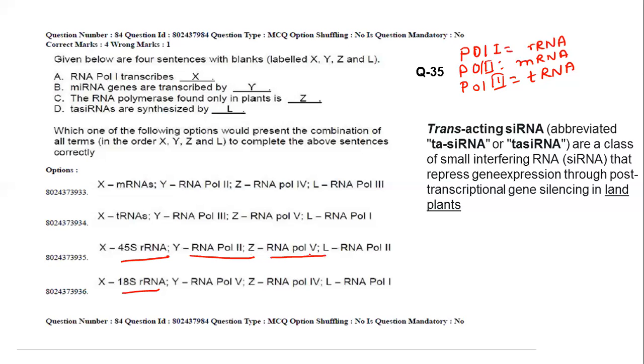Pol 4 is also present, but both pol 4 and pol 5 are in plants. Here, RNA pol 2 is the one that transcribes miRNA. And tasiRNA, what is tasiRNA? TasiRNA is trans-acting siRNA, a class of small interfering RNA that represses gene expression through post-transcriptional gene silencing in land plants. So answer is option 3.